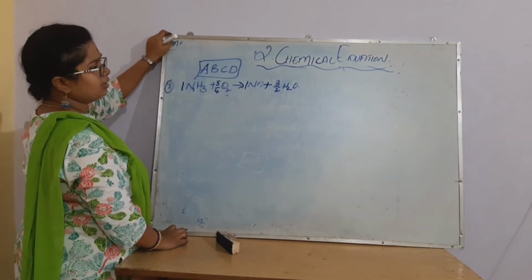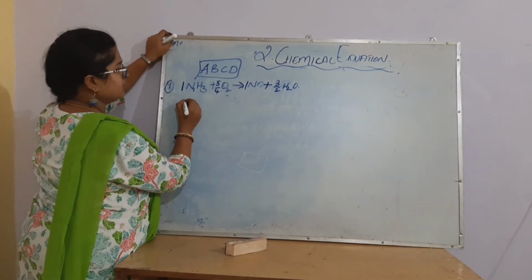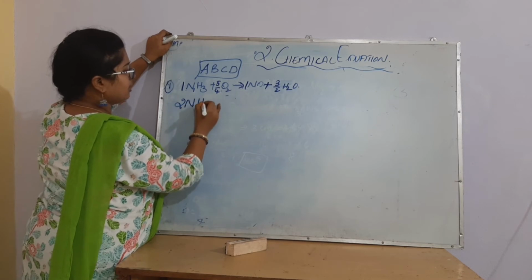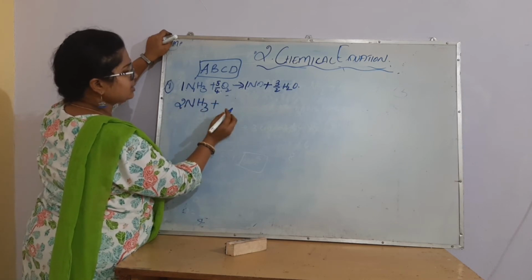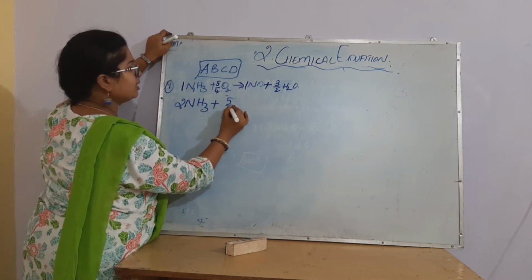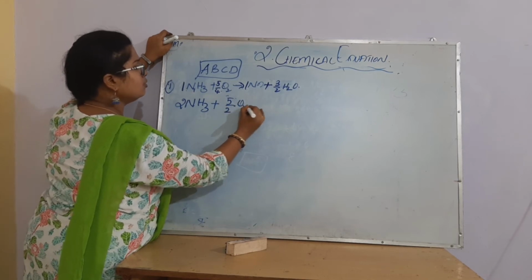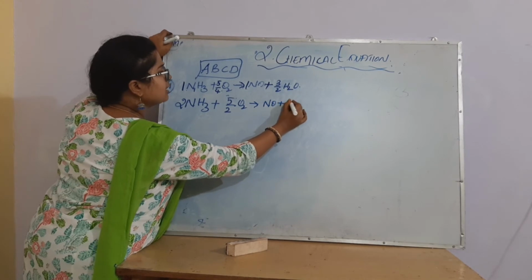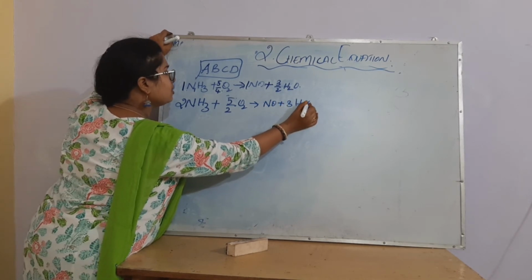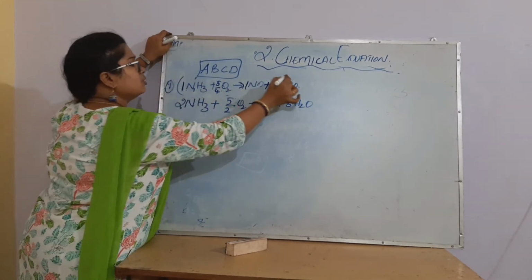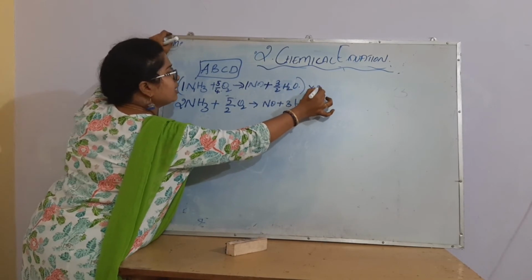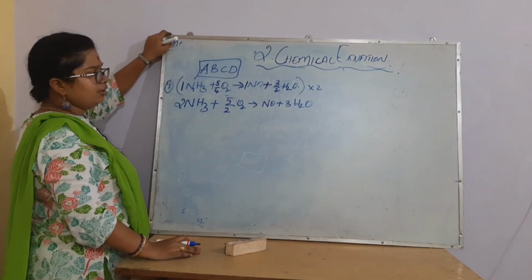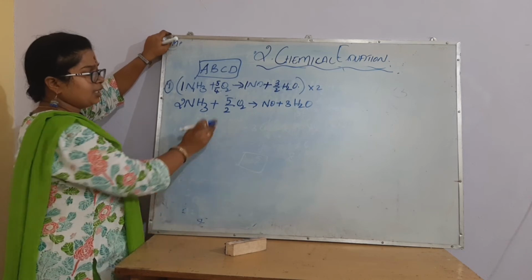Multiply with 2 first: 2 NH3 plus 5 by 2 O2 gives rise to 2 NO plus 3 H2O. Multiply the whole equation with 2. Again, here 2 is there, 5 by 2.